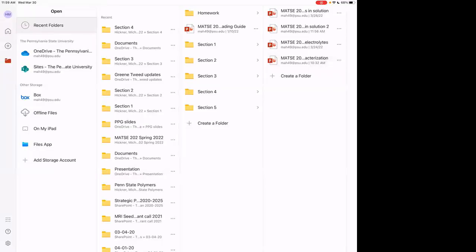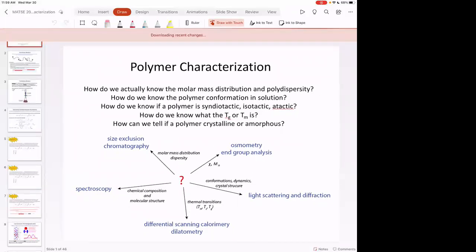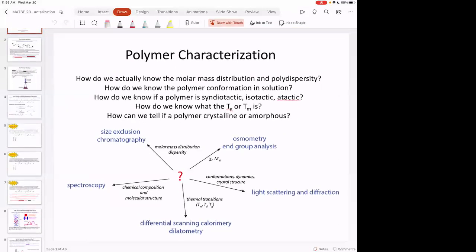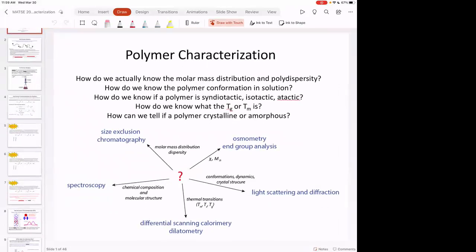All right, the next thing that we want to talk about is characterization. So we have some idea of now polymer sizes in solution. We've talked about conformation. We've drawn a lot of polymers on the board or on the PowerPoint slides. Now we want to figure out, how do you know what you have?